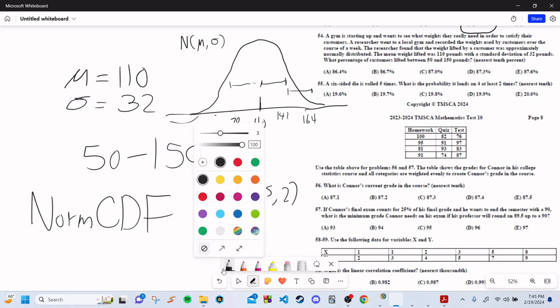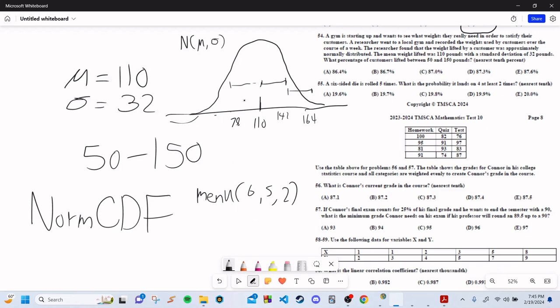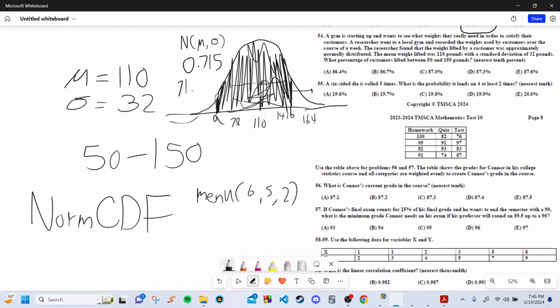And what the normal CDF does, it's almost like an integral. It's saying between these two values that I give you, say A and B, give me the shaded area under the curve. Keep in mind, the area under a bell curve is always equal to 1. So if we just get the area here, it comes out to a decimal, like say 0.715. Well, that gets us the percent, 71.5.